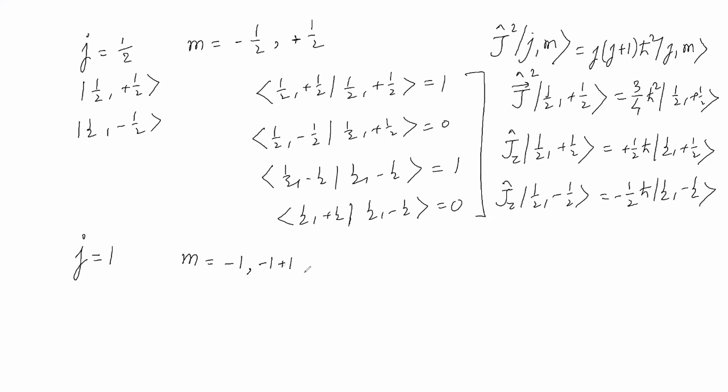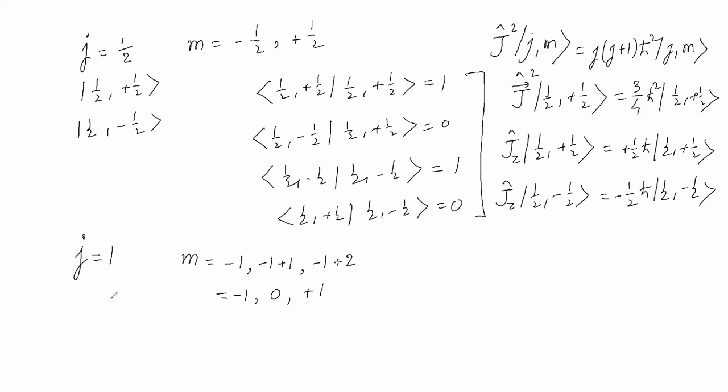That means minus 1, then minus 1 plus 1, because we are going in integer steps. This will be minus 1, 0, plus 1. We cannot go further up because we will exceed J equal to 1. And that means for J equal to 1, M can be minus 1, 0, plus 1.